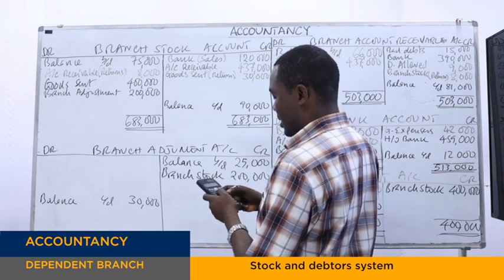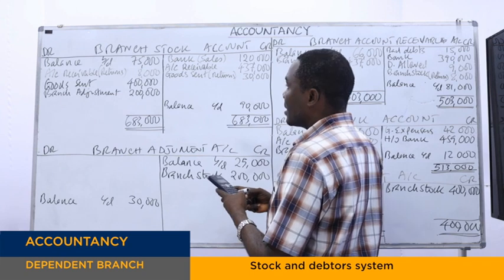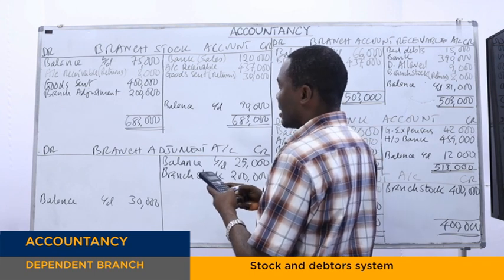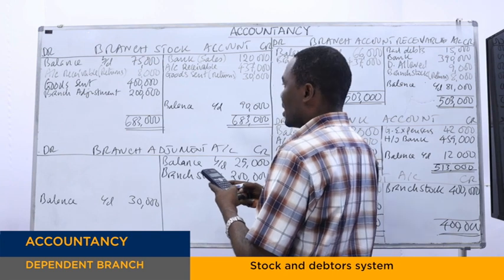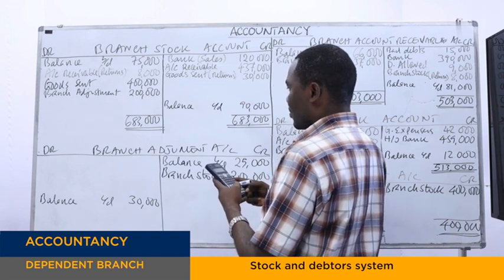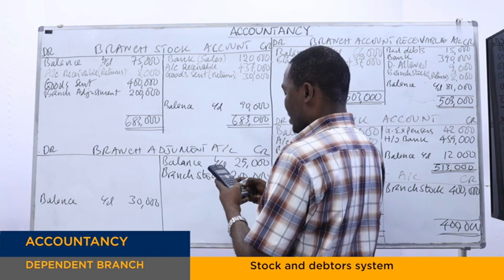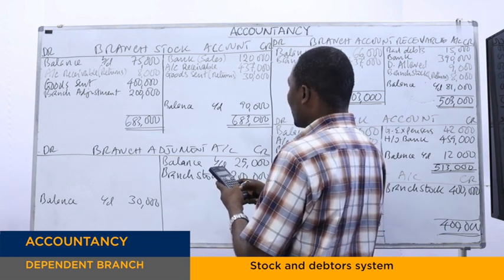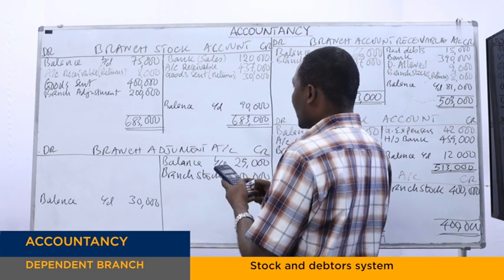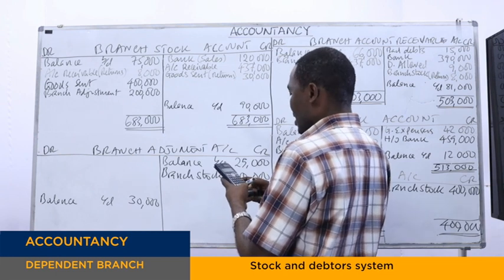No, let me repeat. 75,000 plus 8,000 plus 400 plus 200. 683, yes. Less 120, less 437, less 30,000.